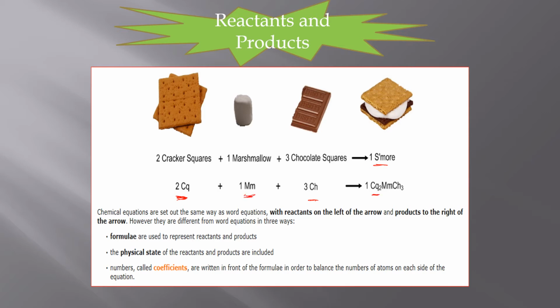We have one marshmallow, which is MM, and we have one MM over here. We have three chocolate squares, which is CH, and we have CH3 over there. See how it balances either side? There's the same number on the product side as there is on the reactant side, the same number of reactants on the left as there are products on the right. And that's the name of the game for balancing equations. That's what you will do when you do this yourself.